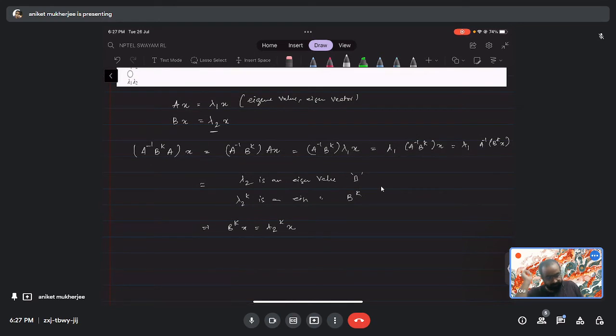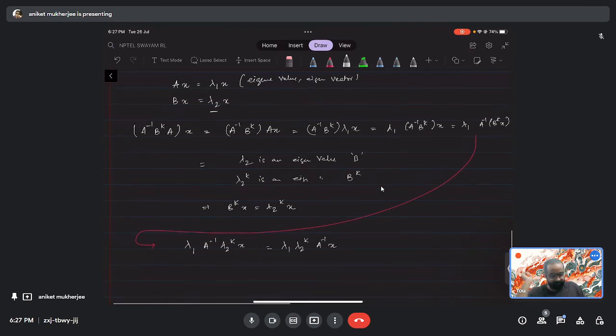So this gives me lambda 1 A inverse lambda 2 power k x. Again here, since lambda 2 power k is a constant, I can bring it out: lambda 1 into lambda 2 power k A inverse x.